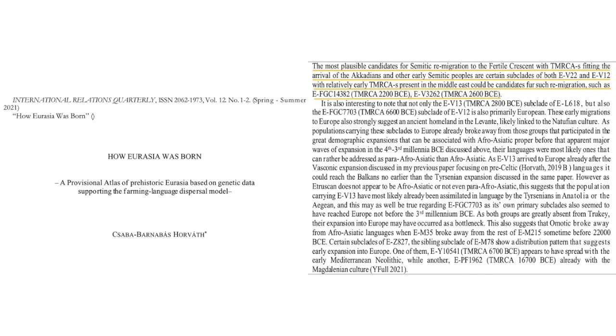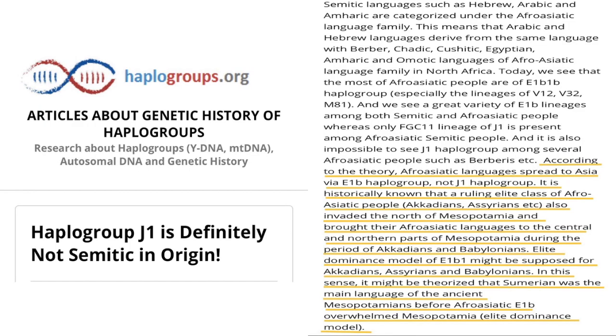And this is from haplogroup J1. It's definitely not Semitic in origin, and it reads, according to the theory, Afro-Asiatic languages spread to Asia via E1b haplogroup, not J1 haplogroup. It is historically known that a ruling elite class of Afro-Asiatic people, Akkadians, Assyrians, etc., also invaded the north of Mesopotamia and brought their Afro-Asiatic languages to the central and northern parts of Mesopotamia during the period of Akkadians and Babylonians.